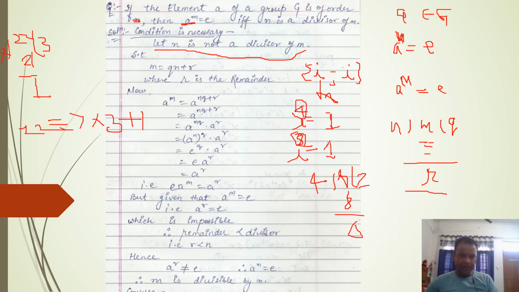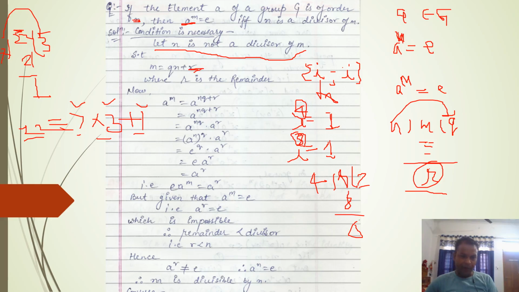It means dividend equals divisor into quotient plus remainder. So in this case, m will be equal to n into q, as this 7 is multiplied with this 3, and you add the remainder to the result: nq plus r. So nq plus r will be equal to m.